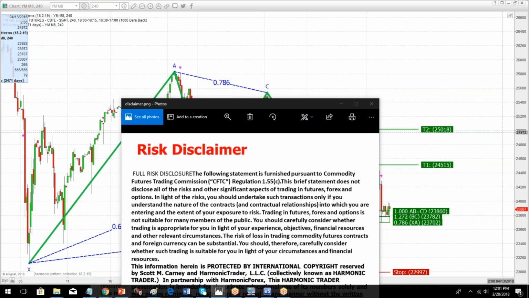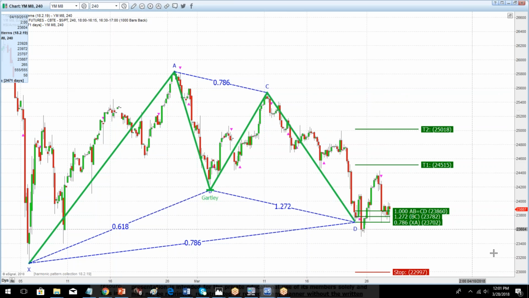Looking at the pattern. Now we're looking at Gartley in the Dow Mini on the 4-hour, and want to just focus today on the Gartley pattern itself.